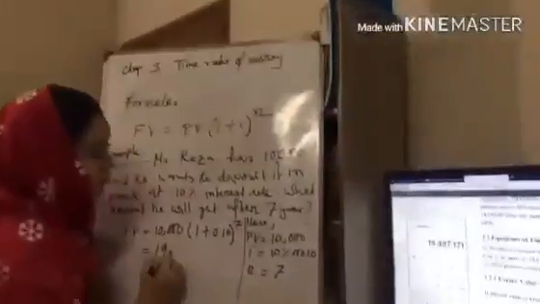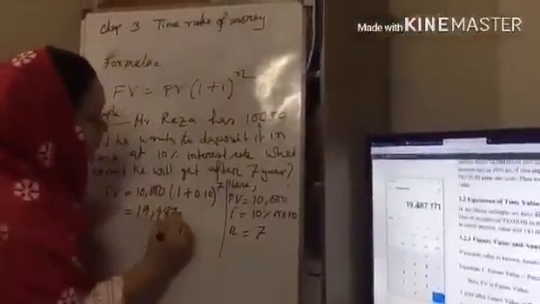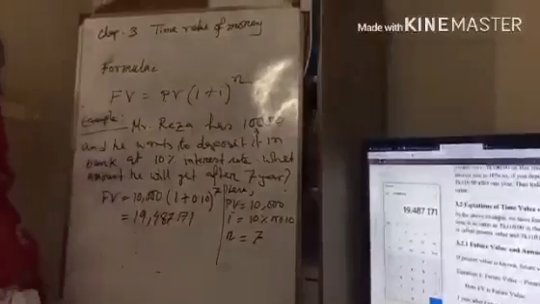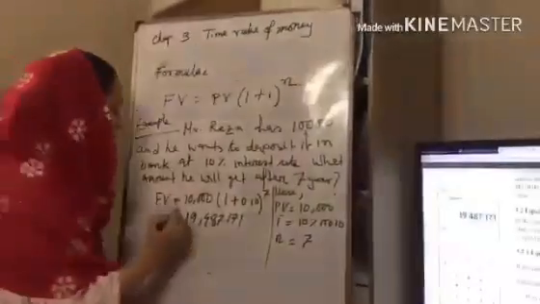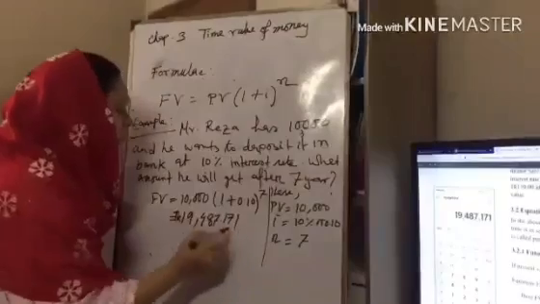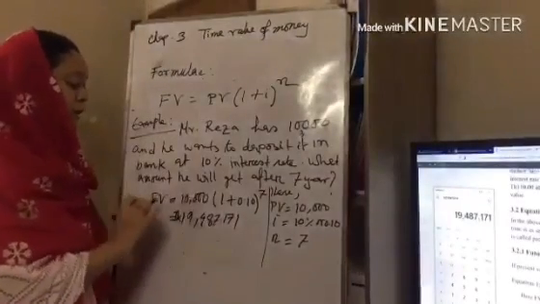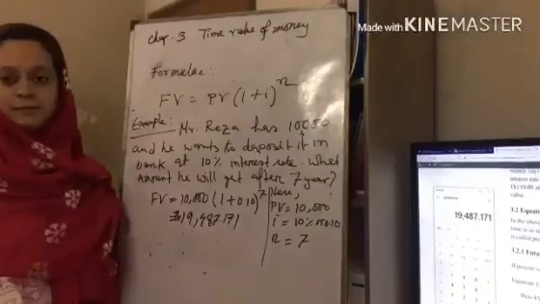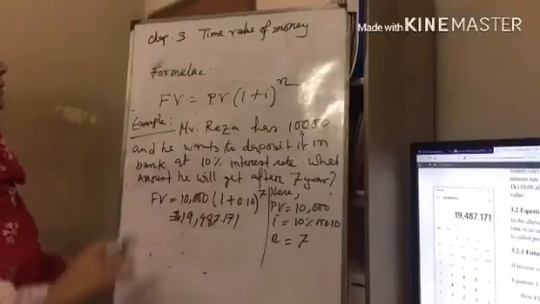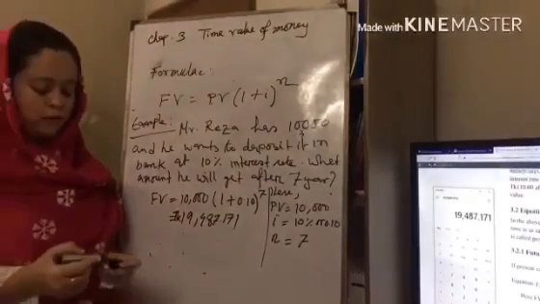The result is here: 19,487.171 taka. This is the future value of 10,000 taka of Mr. Reza. All these are the present value and future value.